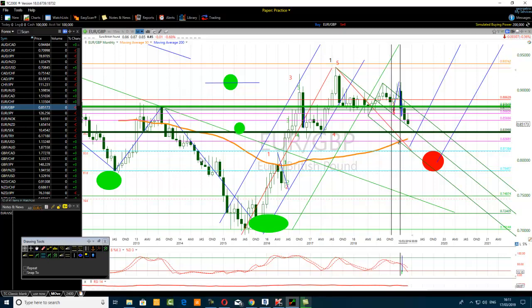Now a new fair value is brewing. Finally, it found its fair value here. Though the euro British pound was oversold from the start, as it started going down. Now here it was oversold.